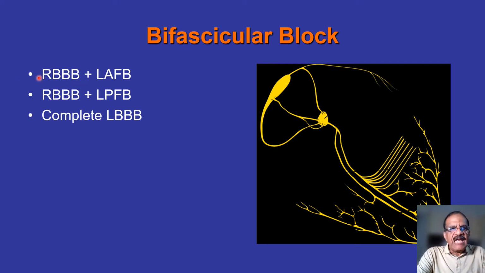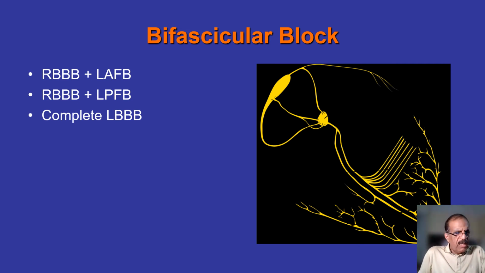So if there is right bundle branch block plus left axis deviation, that would be a bifascicular block, right bundle plus left anterior fascicle. If there is a right bundle branch block plus a right axis deviation, that would be a bifascicular block, right bundle with a left posterior fascicle. Now complete left bundle branch block I have already discussed. So this was bifascicular.